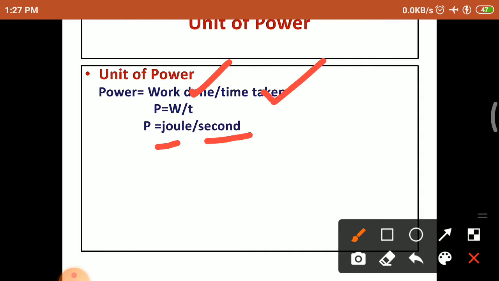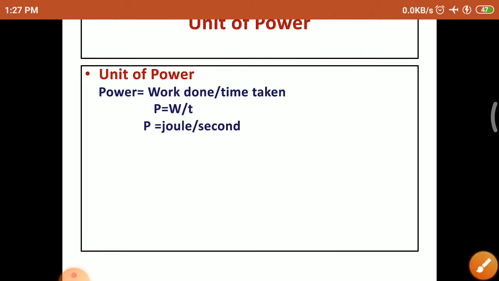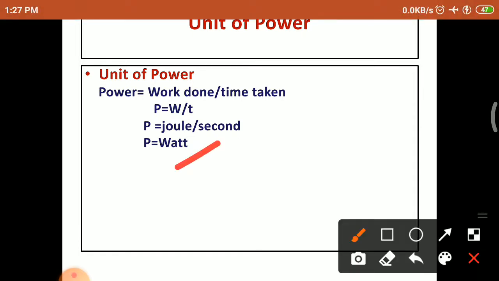So P equal to joule per second. So the unit of power is joule per second. Otherwise, we can say watt. The joule per second is nothing but watt. W should be capital in watt. So the unit of power is watt.